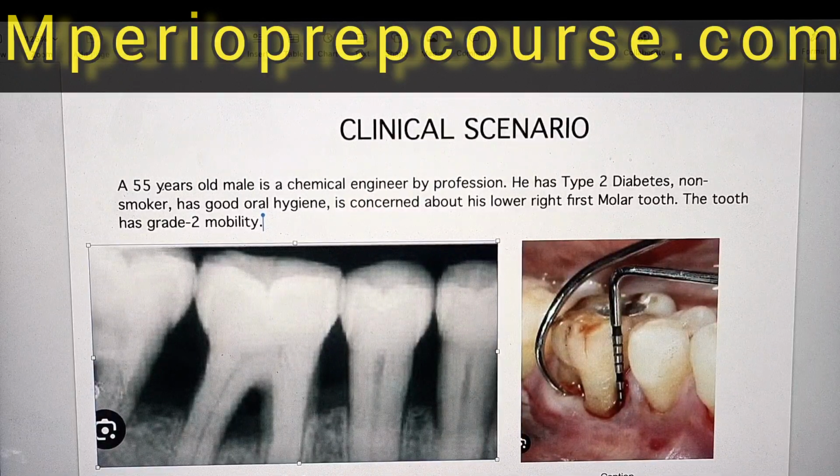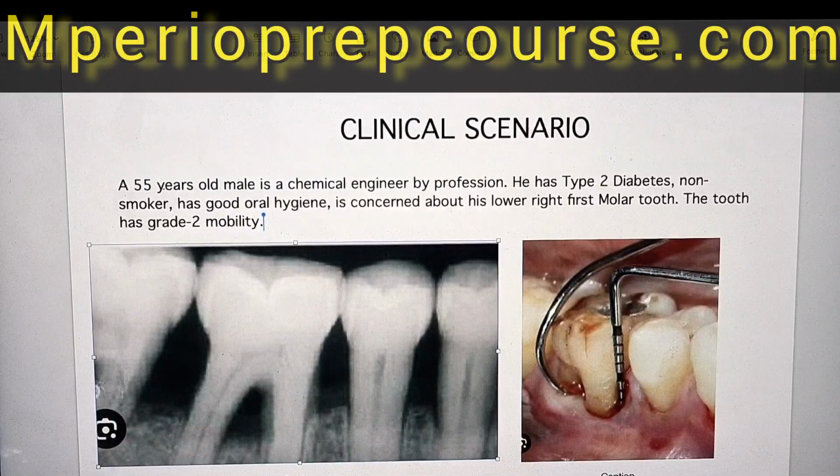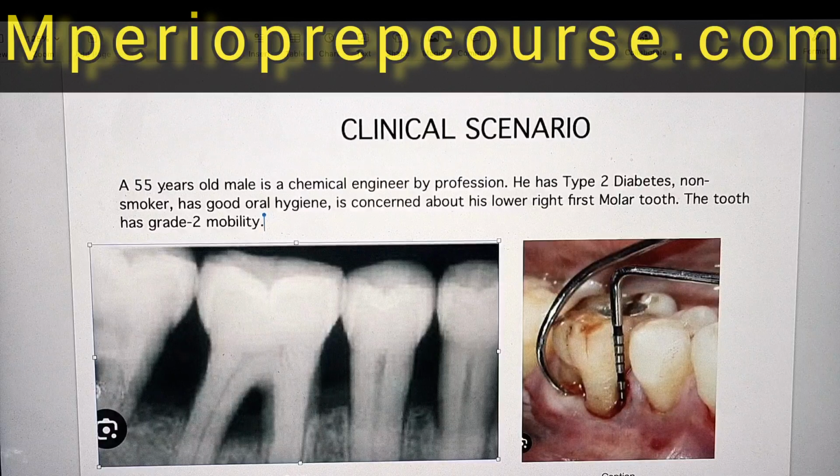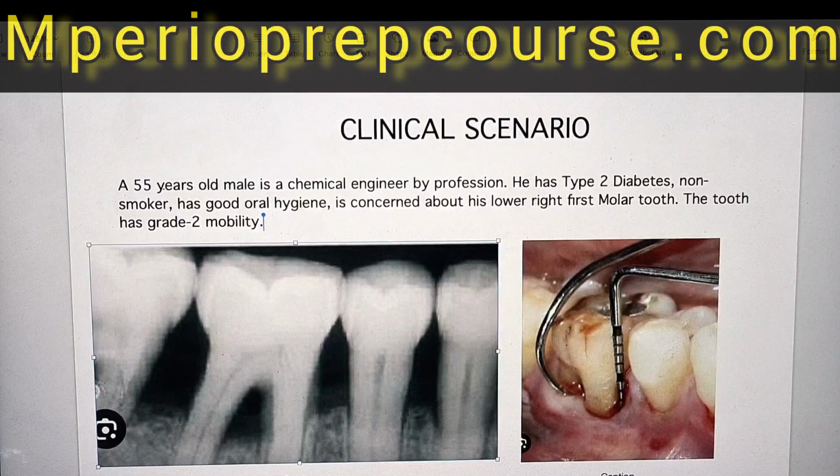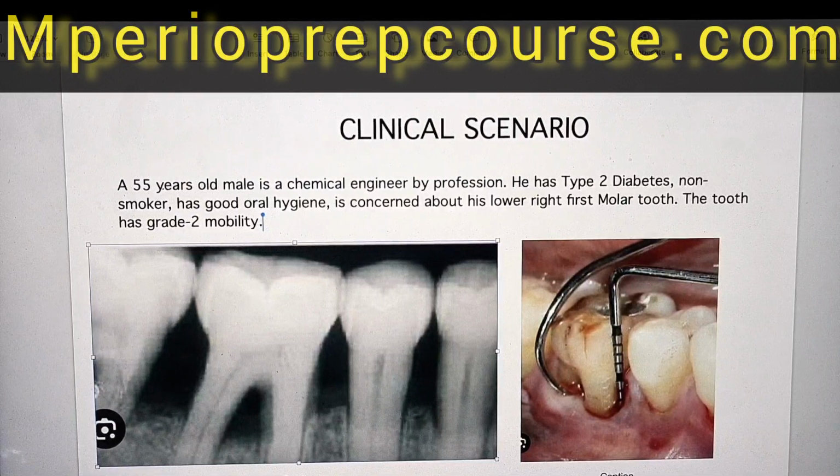Okay. And you said tunnel preparation. Can you tell me the advantages and the disadvantages for this treatment? Yes, the advantage would be that it is a very low cost treatment, and it takes less time. We do not need to spend a lot of time on the surgery or the treatment of the patient.